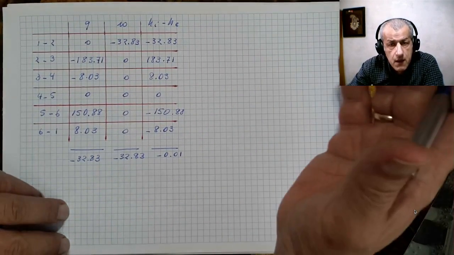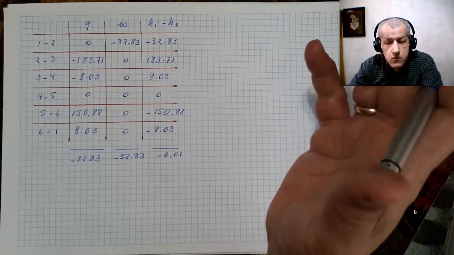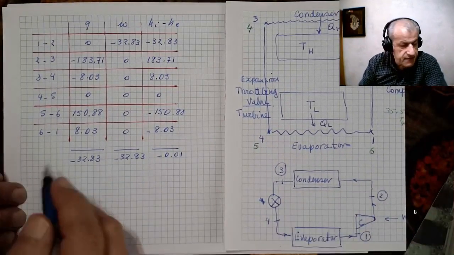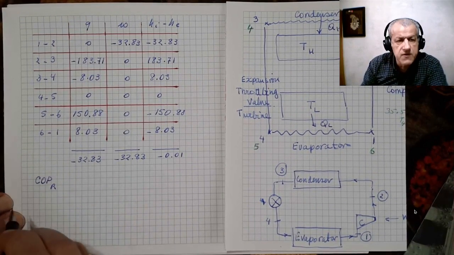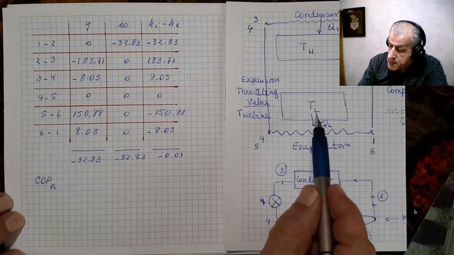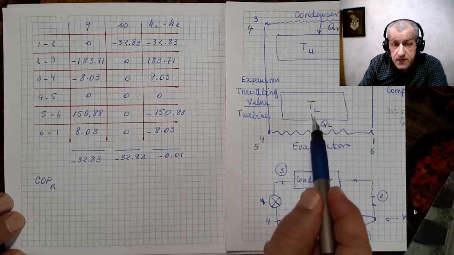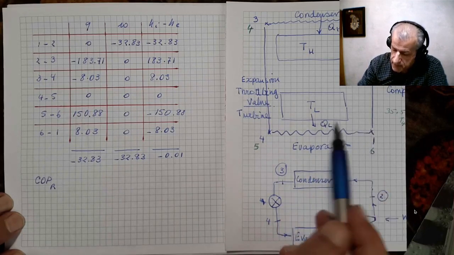We now have all process properties, which is heat transfer and work. Now, let's return here and define COP, our coefficient of performance for the refrigeration cycle. As we know, it is the heat transferred from the cold reservoir to the work done. What we have gained is that we have cooled this reservoir, and then the work we have done.